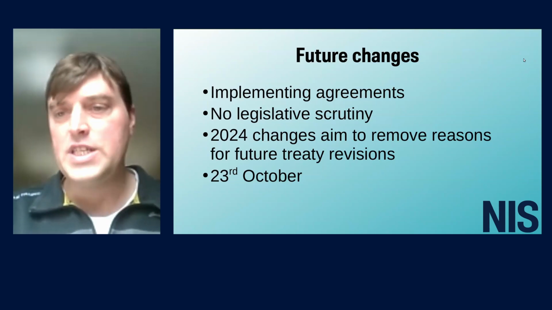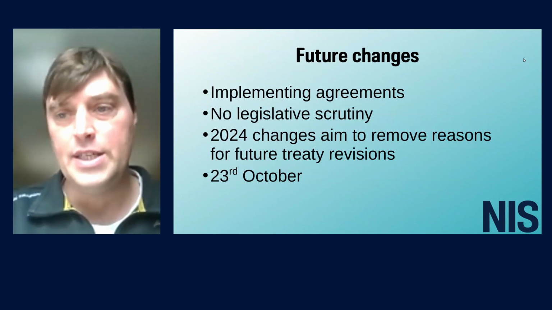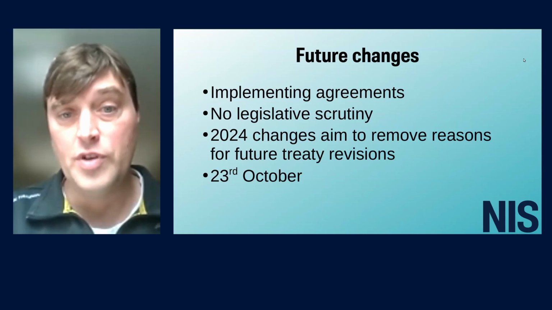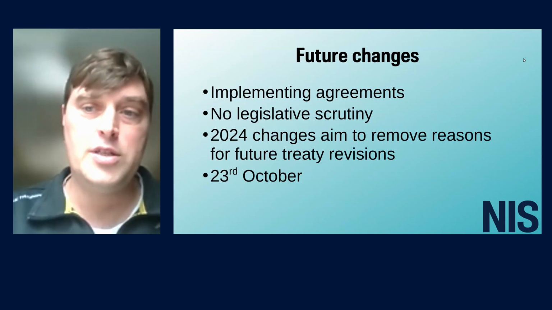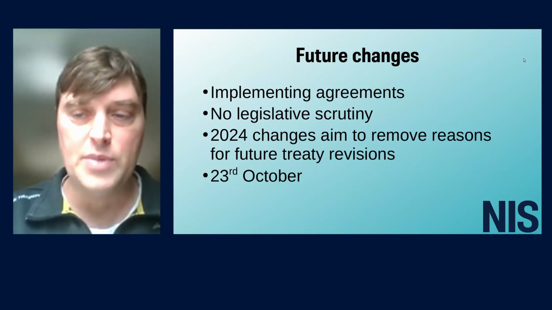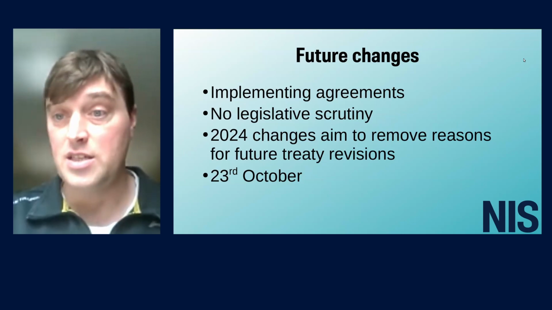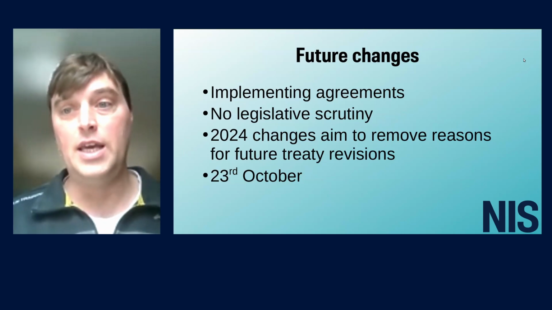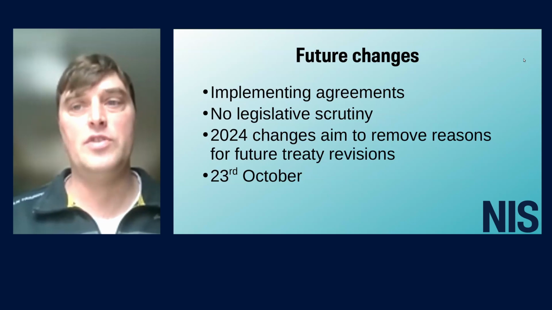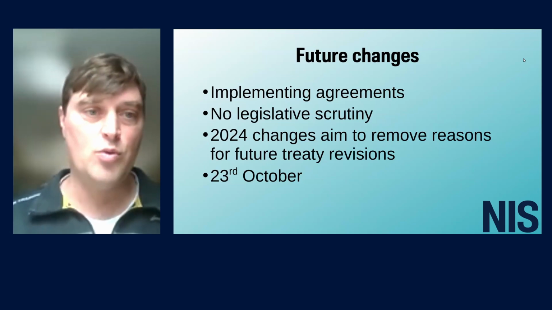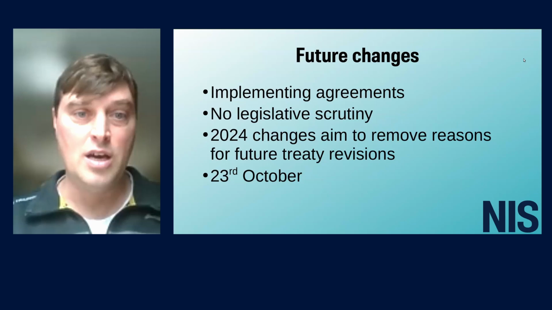So all of these changes together, I think, give us quite a clear idea of what's intended with the treaty, that there won't be amendments of the type that we've seen since the 1950s, that actually future changes to the operating of the treaty and the operating of the relationship will be carried out through these implementing agreements.